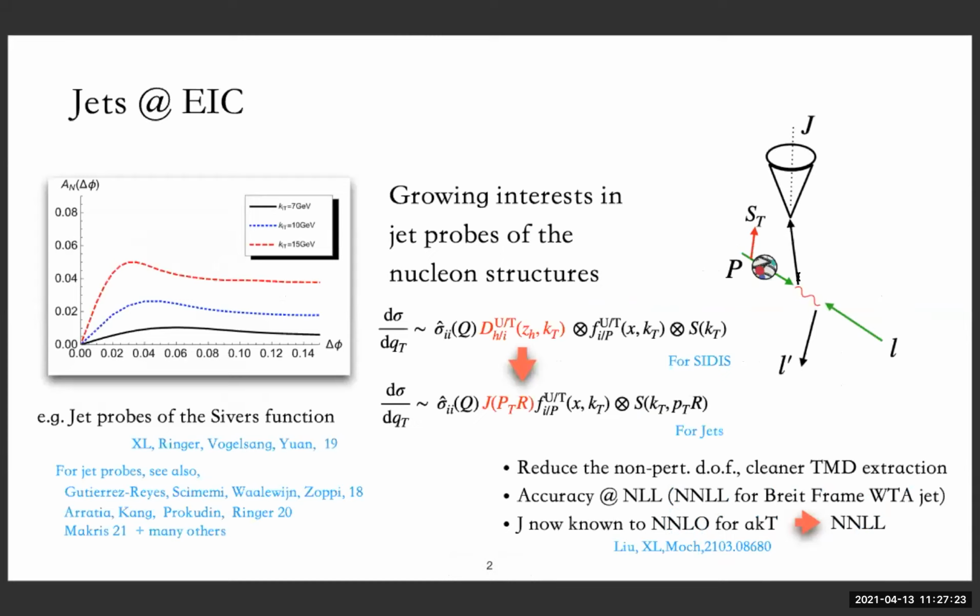Because in the center of mass frame, the jet PT is so large, it's insensitive to this small KT component. But if you choose another frame, for instance, as those gentlemen did in their paper for the WTA jets in the Breit frame, in that case you do have a KT dependence in your jet function. That's true. So it's all frame dependent.